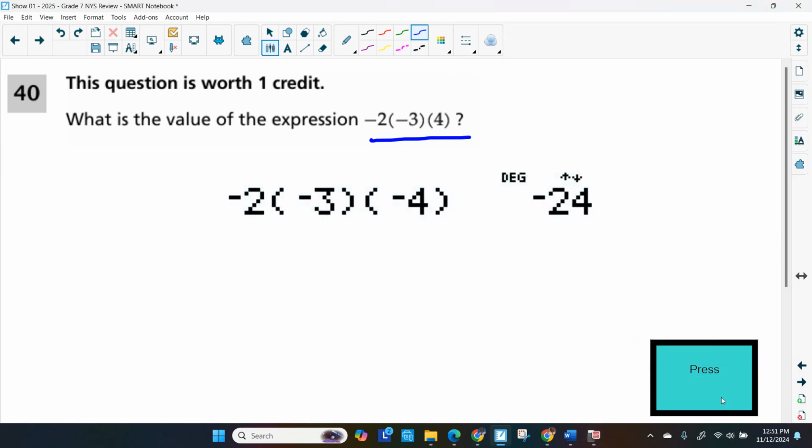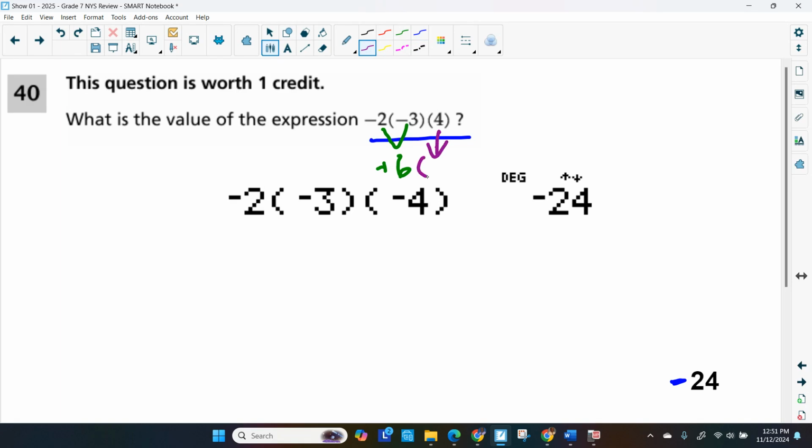And let's click that. I got 24. No, Dr. Rob, it's negative 24. And since I'm checking the problem, I can multiply it. 3 times 2 is 6, same sign as positive, and then I can do the other one, bring down the 4.